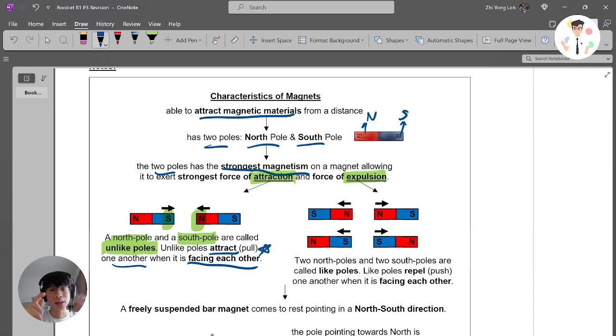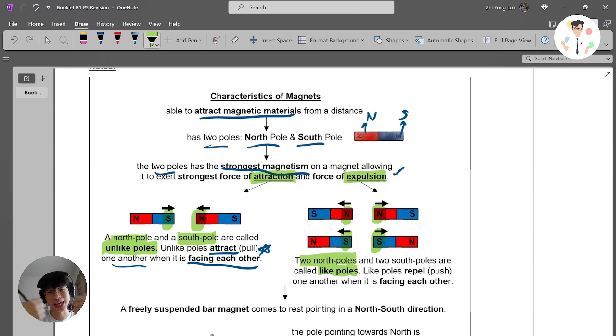Now on the other side, there's expulsion, and expulsion happens when there are like poles. Like poles basically means they are the same. So for example, if there are two north poles, as you can see, expulsion will happen. They'll push away from each other. And the same thing when there are two like poles, like south, they will push away from each other.